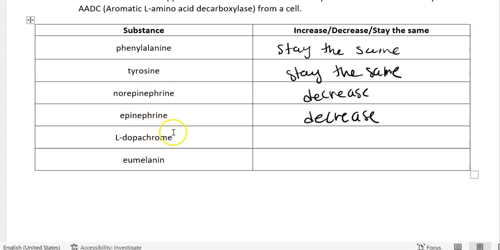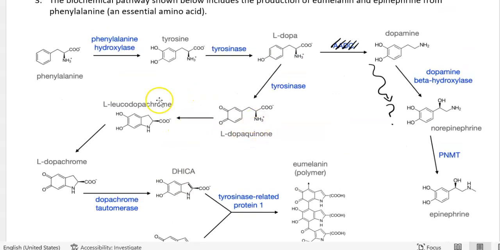Then if we look for L-dopachrome, here it is, and eumelanin, let's think about this. This is the example that I was giving in class: if we had water flowing this way and we split it into two, now we have a blockage over here. What happens to this flow? It would increase, right?